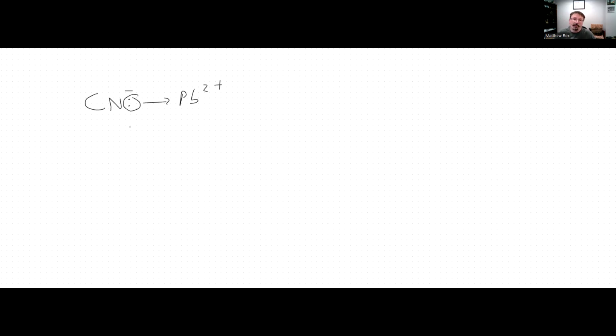All ligands and all chelating agents are Lewis bases. Even with EDTA, you know that we want this to be in the deprotonated form, so it's got those unpaired electrons that it's ready to donate to something. So they're all Lewis bases.